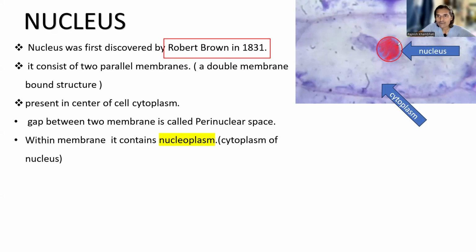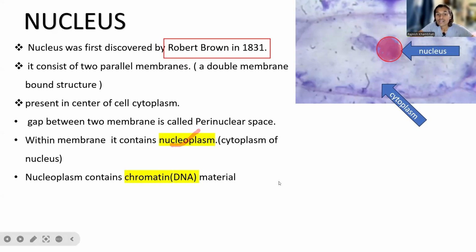This cytoplasm of the cell nucleus is called nucleoplasm. Clear? Now inside that nucleoplasm, it contains chromatin material, DNA, and a small structure, the nucleolus.